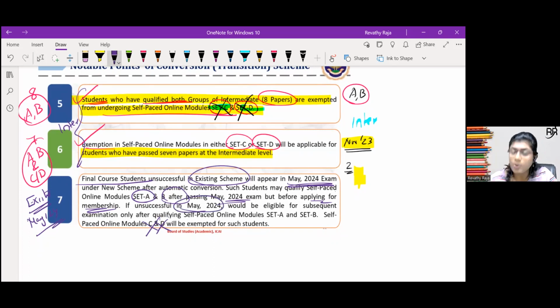If unsuccessful or if they don't appear in May 24, then naturally they will appear in November 24. So before appearing for November 24, they have to complete both set A and set B. So guys, let me consolidate. These 2 points were talking about the intermediate existing syllabus cleared students. This point is talking about the final existing students. Clear?